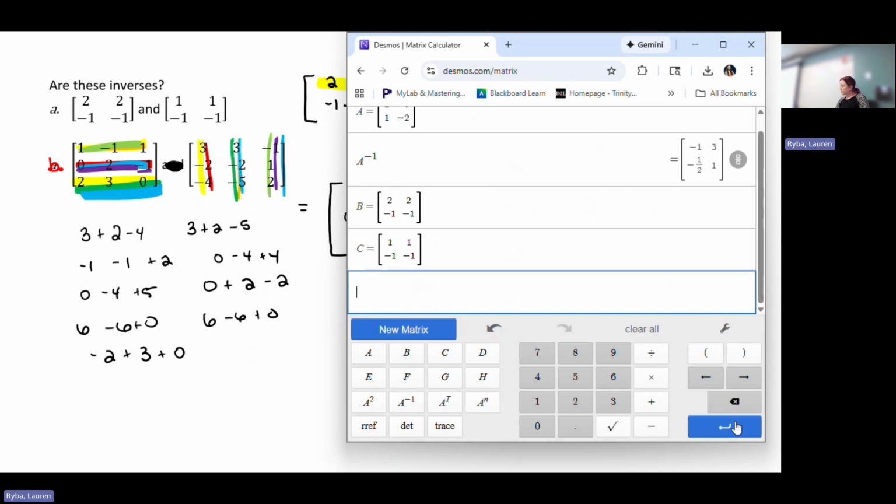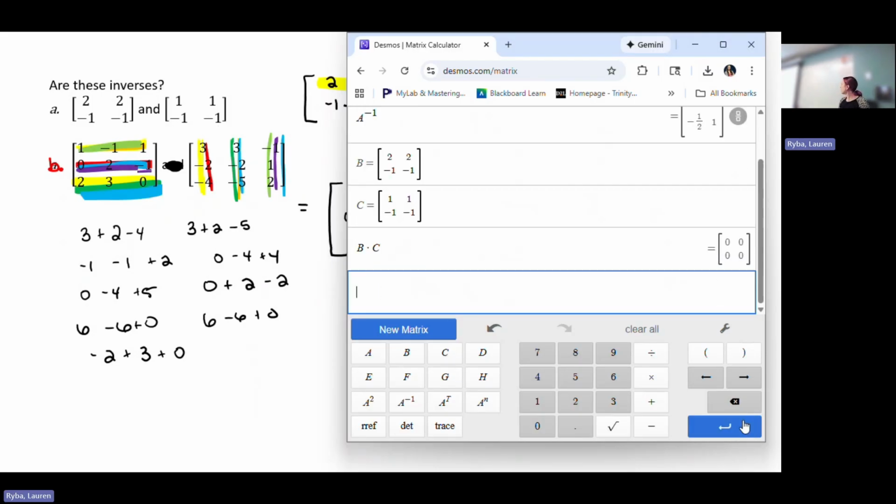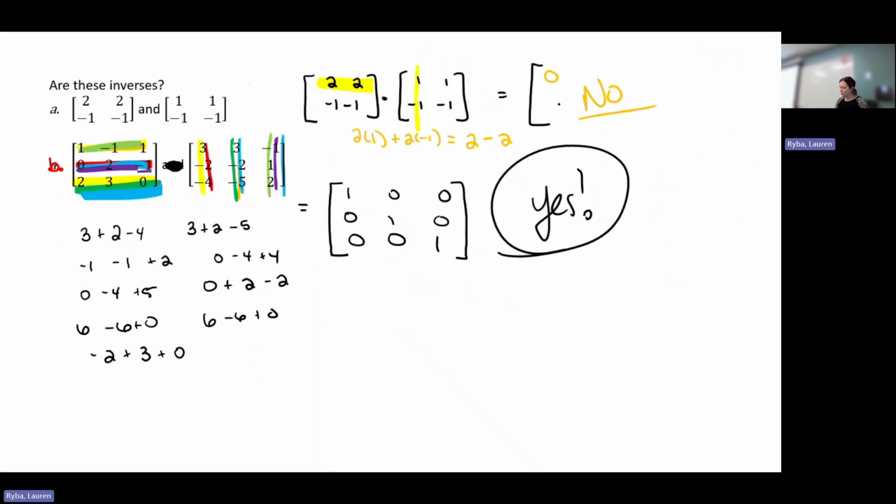The quick way to check if they're inverses is just to multiply them. Is B times C the identity? Is that the identity? No. So that one didn't work. We realized that earlier when we got a 0 in this upper spot. So we said no, it doesn't work.